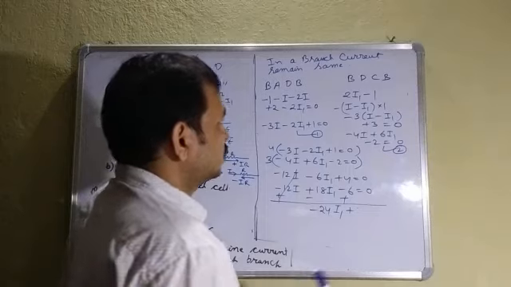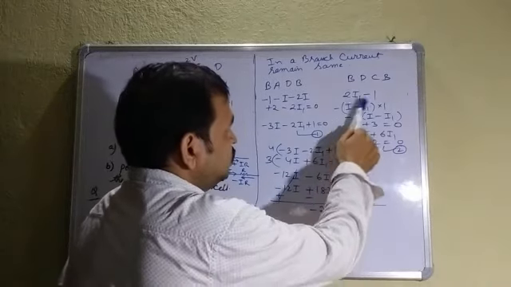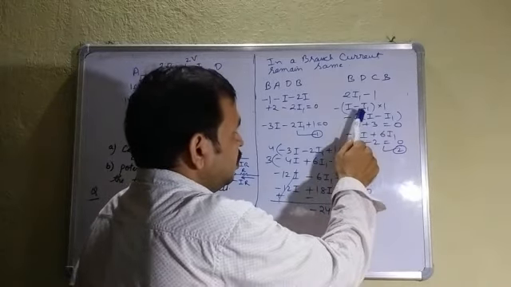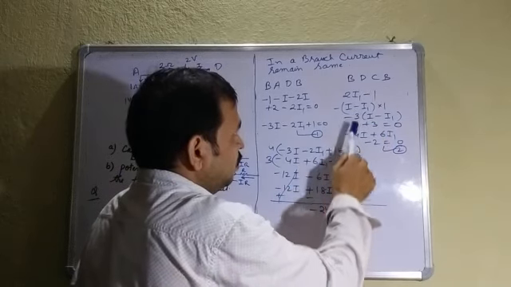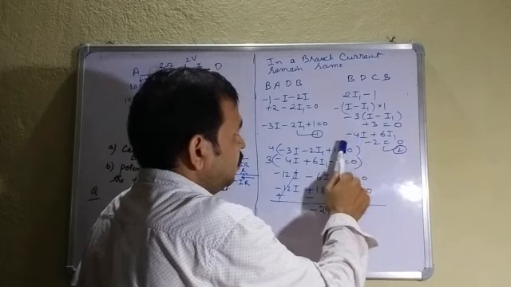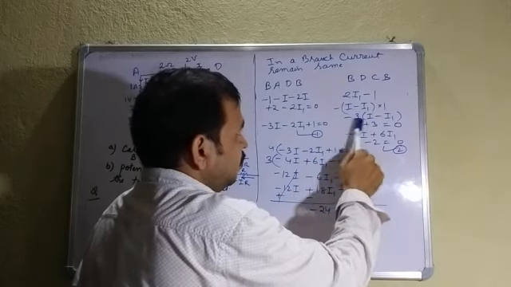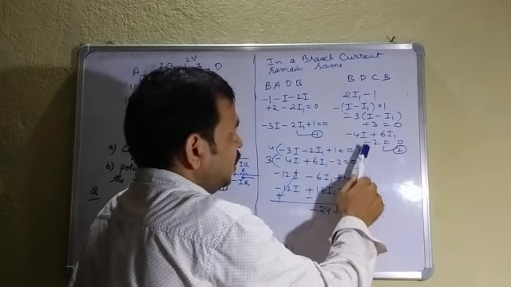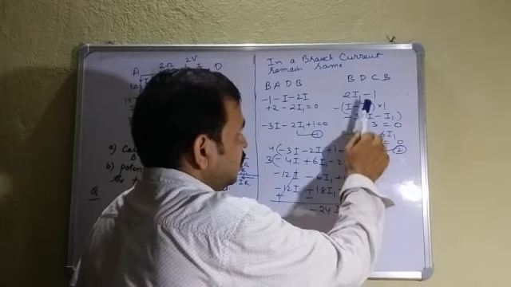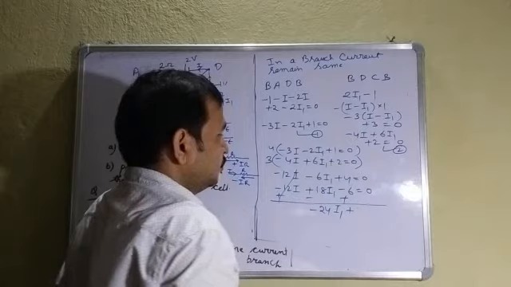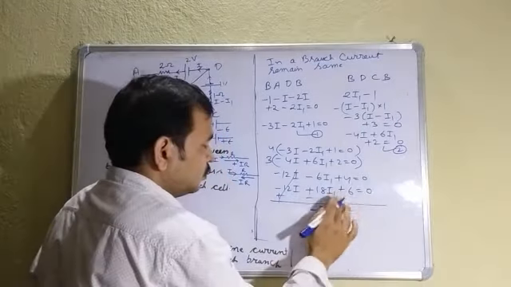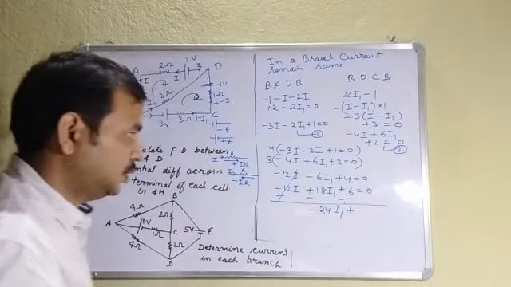This is minus 2I1 minus I minus 3I, that is minus 4I, plus I1 plus 3I1 plus 4I1 plus 6. Sorry, here it is plus 3 minus 1, that is plus 2. This will be minus.